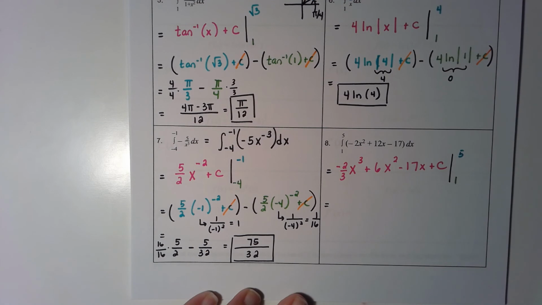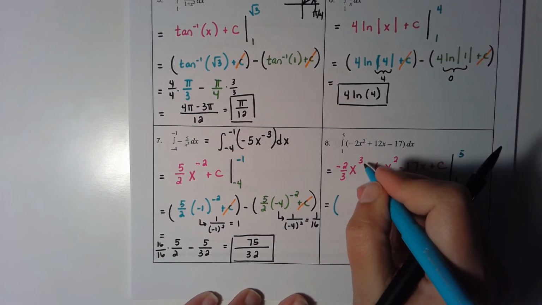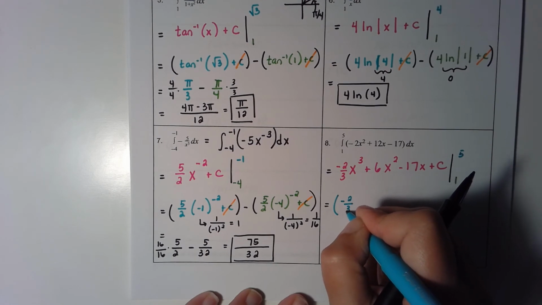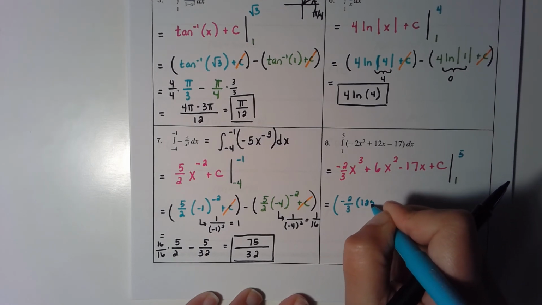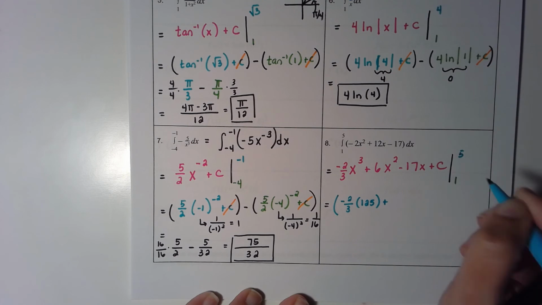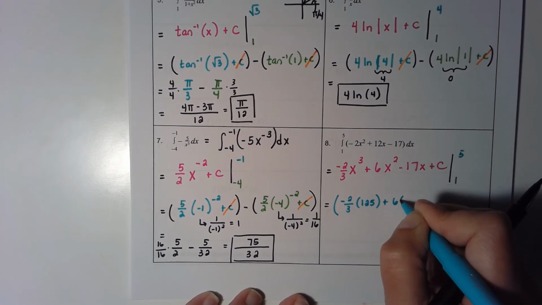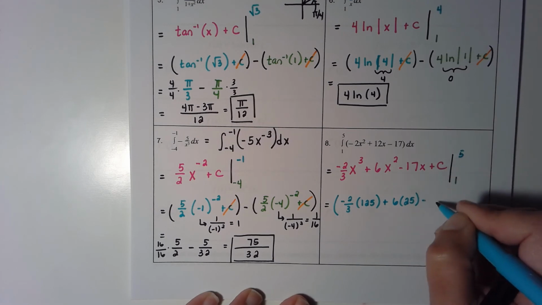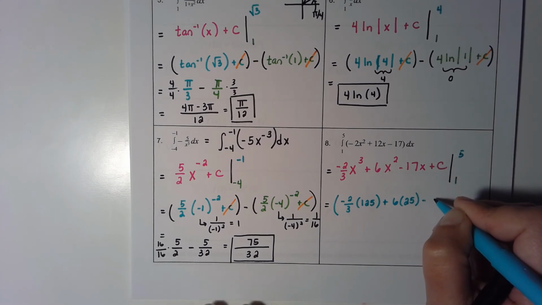When I substitute in the 5 first, 5 cubed is 125. So I have negative 2/3 times 125 plus 5 squared is 25. So 6 times 25 minus 17 times 5 would be 95, I think. Is it 95?